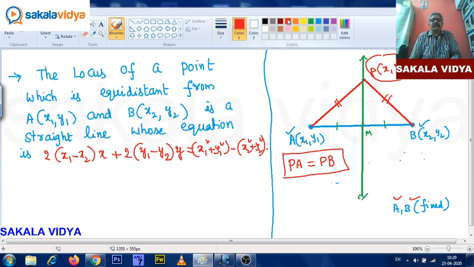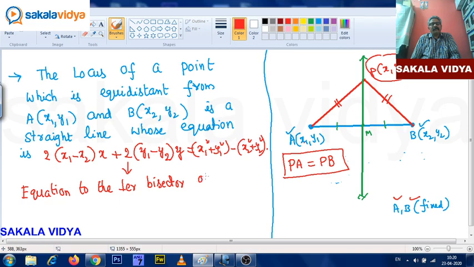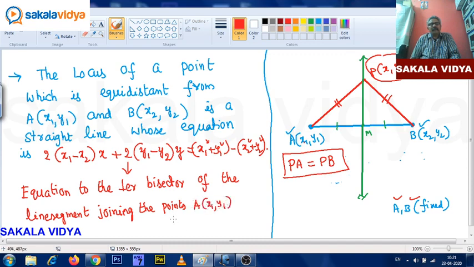This is also, remember one more thing: the equation to the perpendicular bisector of the line segment joining the points A (x1, y1) and B (x2, y2).